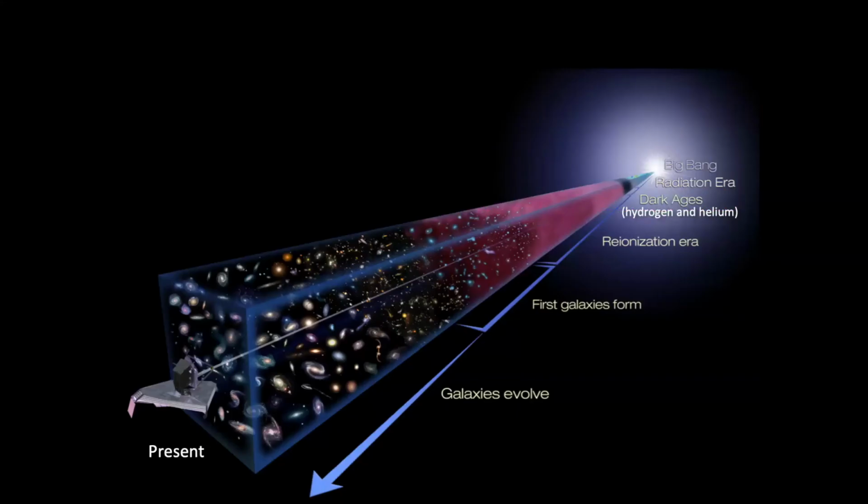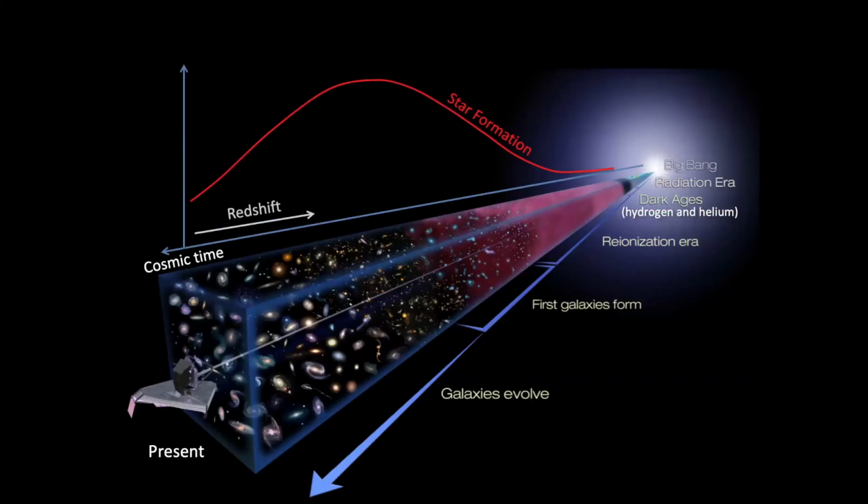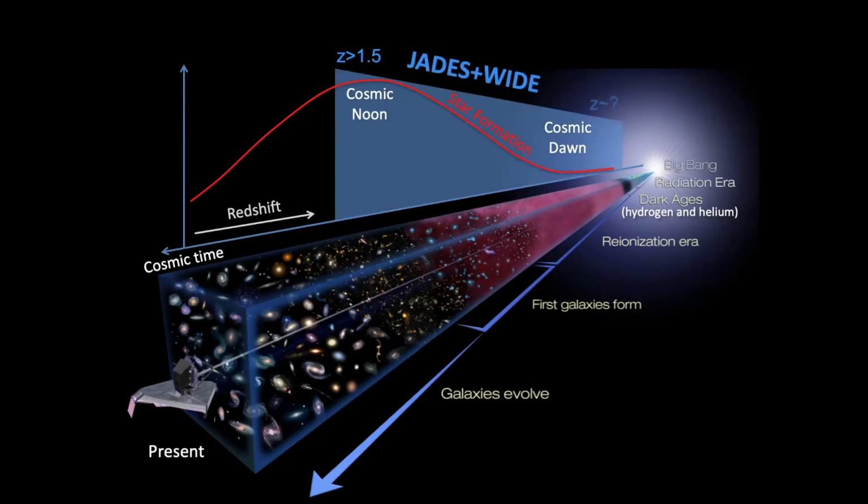Of course, with JADES and WIDE, we will explore star formation and galaxy evolution from cosmic noon all the way to the earliest epochs of galaxy formation. In particular, we are selecting galaxies with redshift higher than 1.5, and we hope to observe galaxies out to very high redshift.